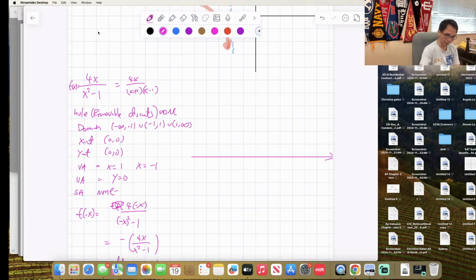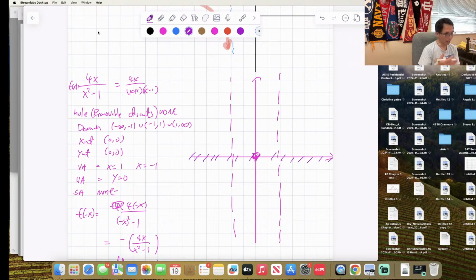I'm going to draw all the information: 0, 0, negative 1, and positive 1. And the horizontal asymptote is here. Did I say that sometimes they can touch the horizontal asymptote? Yeah, this is one of the cases.